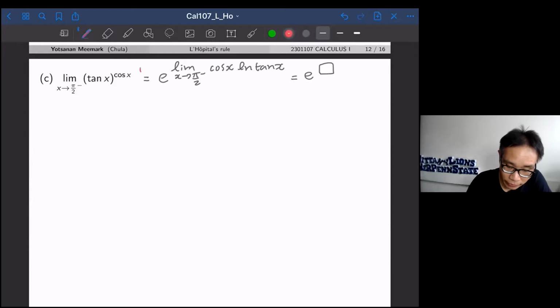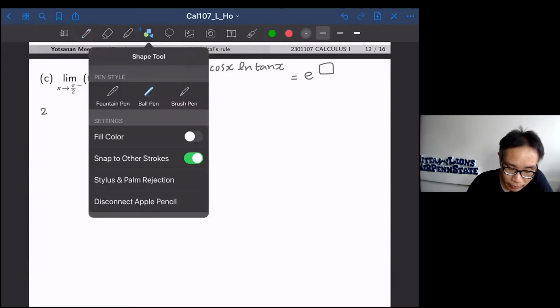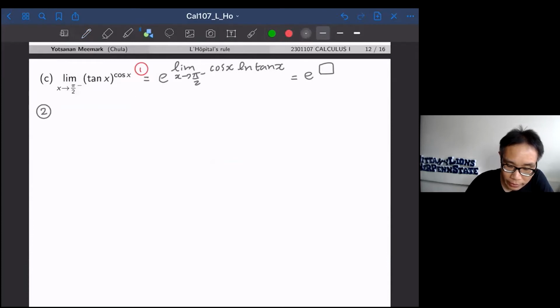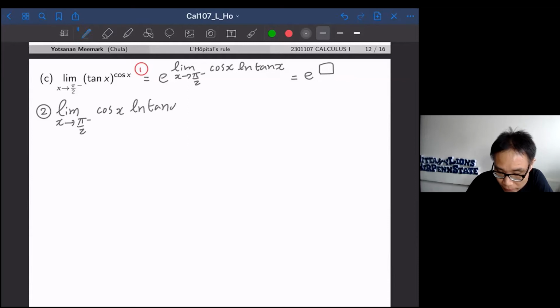So this one is your first step. For the second step, you're gonna find the limit as x goes to pi over 2 from the left of cos x log tan x.